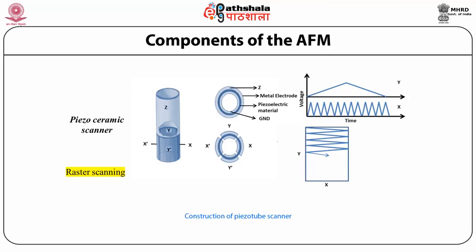The scan range is set by adjusting the minimum and maximum values for the applied voltage. The scanning position is set by offsetting the voltages to the ceramic. Finally, the scan orientation is rotated by changing the phase between the signals.